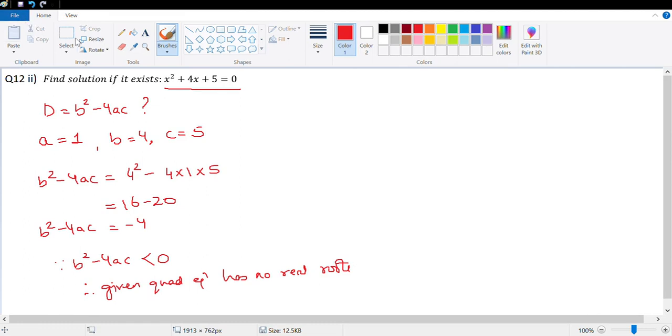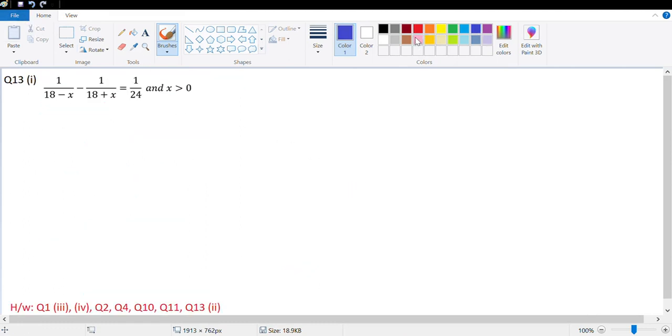Good, that brings me to the last question of this exercise, which is question number 13, part 1. Okay, so let's take the LCM and solve it. The LCM will be 18 minus x multiplied with 18 plus x.